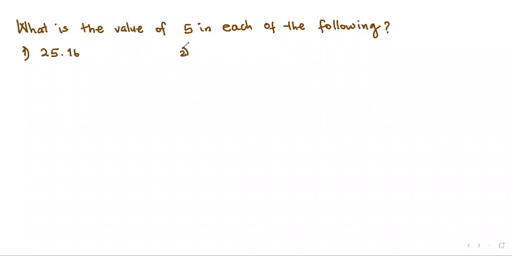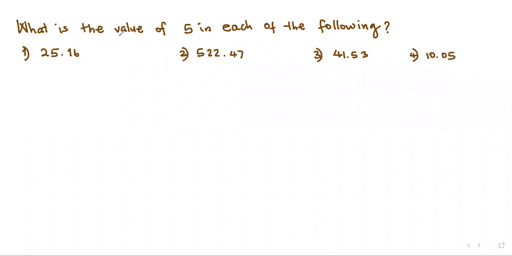Let's have number 2 as 522.47. Let's have number 3 as 41.53. And let's have number 4 as 10.05. Okay, those are 4 numbers that we have got to find the value of 5.